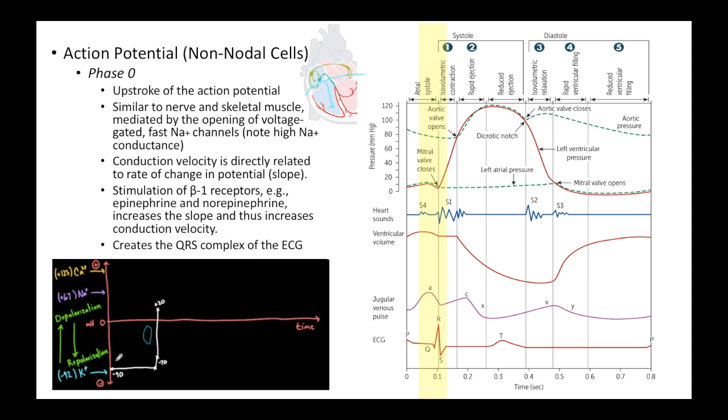So we have our resting membrane potential until we hit a threshold between our potassium efflux and influx with those rectifying currents, allowing us to reach this very close threshold here. And once we do, our voltage-gated fast sodium channels open, and we have this boom, rapid upstroke, depolarization.